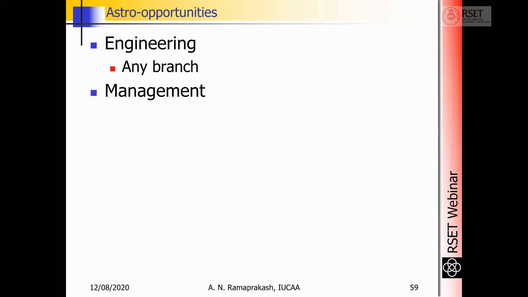If you are interested in management, for example, complex programs like the space programs, the international programs like the 30-meter telescope, the Square Kilometre Array, multinational programs, they really need people who understand management and even business. For example, many of these facilities are built by non-profit corporations.